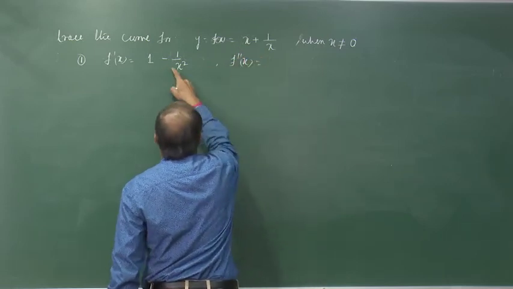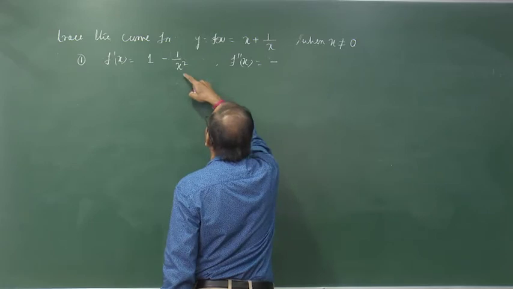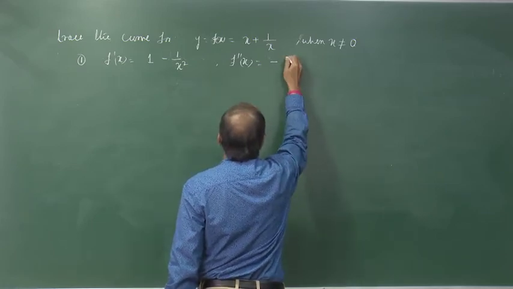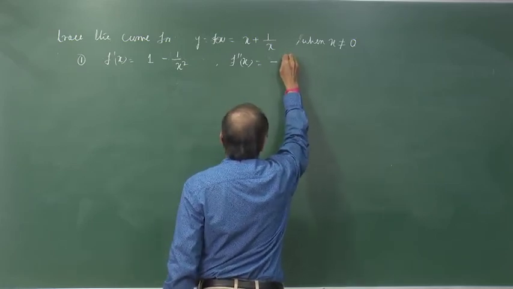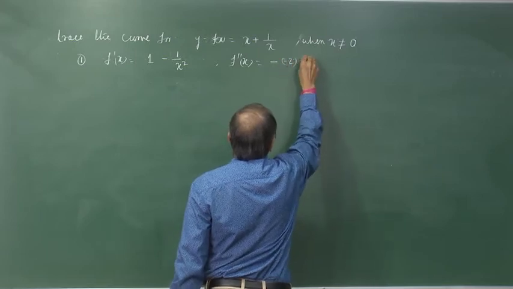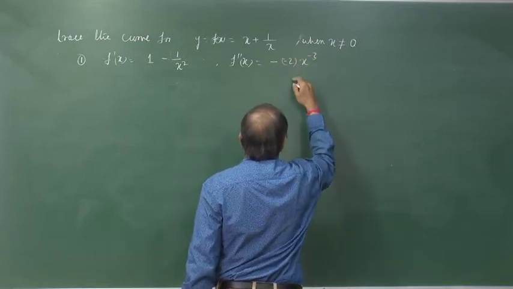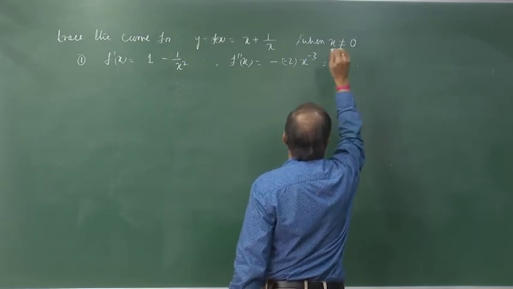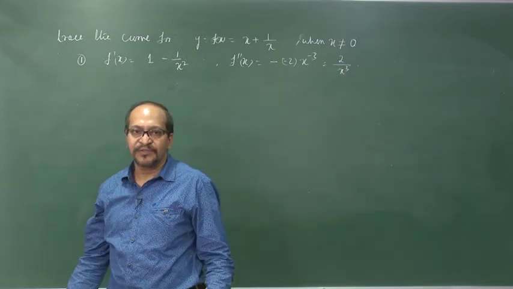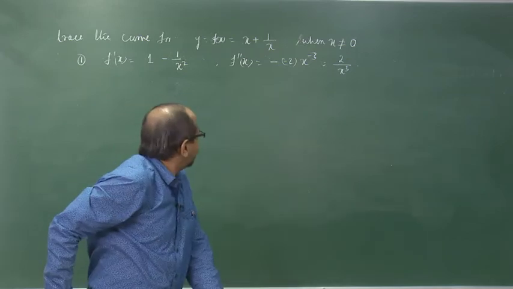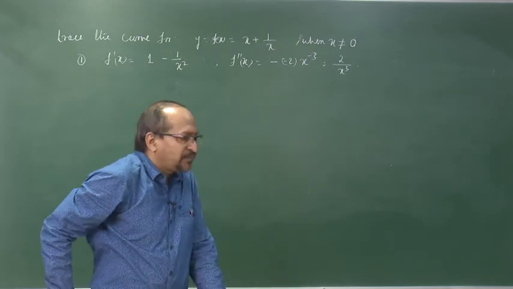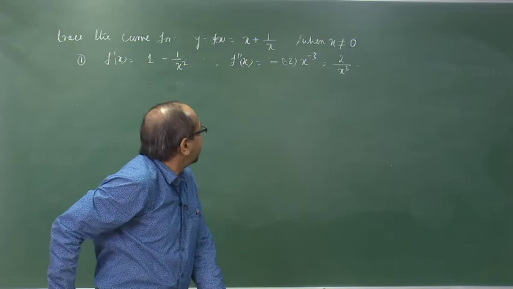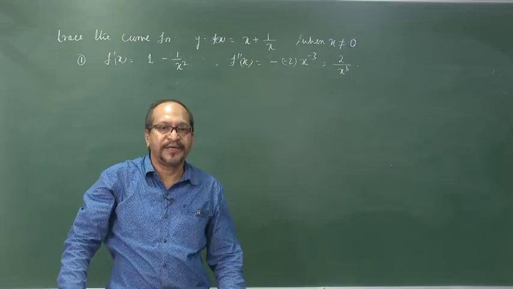The derivative of minus 1 by x square, meaning the derivative of minus x to the power minus 2, is minus into minus 2 x to the power minus 3. So, it is equal to 2 by x cube. So, f dash x is 1 minus 1 by x square, and f double dash x is equal to 2 by x cube.